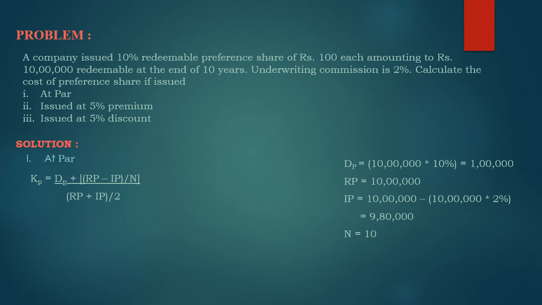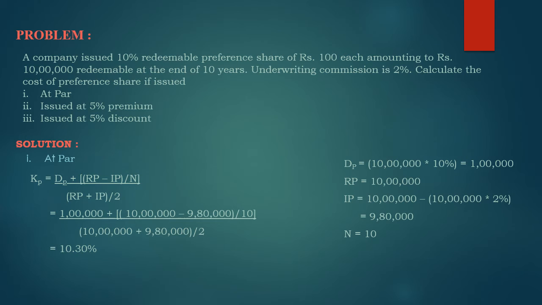And N is the number of years, which is 10. Now we will put these values in this formula, and after putting them in the formula we will get the result. The result will be 10.3%. When the company issues redeemable preference share at par, then the cost is 10.30%.